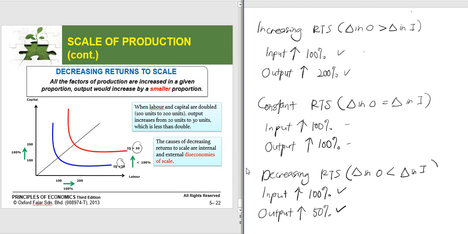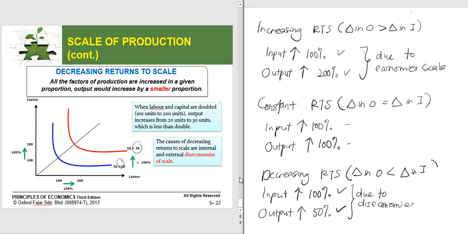So what are the reasons? It is because of economies of scale. For increasing return to scale, this is due to economies of scale. An example of economies of scale is specialization, the one that I mentioned just now. And then for decreasing return to scale, that is due to diseconomies of scale.